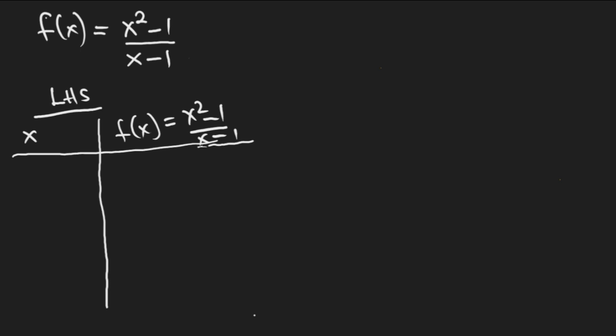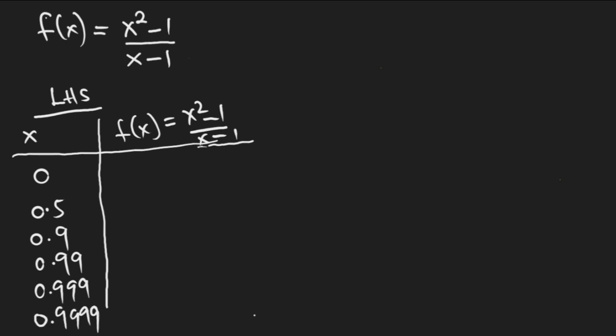Now x is approaching 1 from the left hand side, so we can use 0, 0.5, 0.9, 0.99, 0.999, and then 0.9999. So the numbers are between 0 and 1.